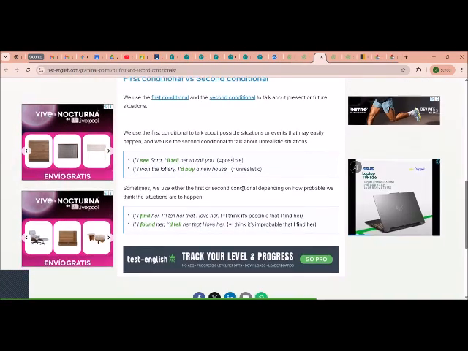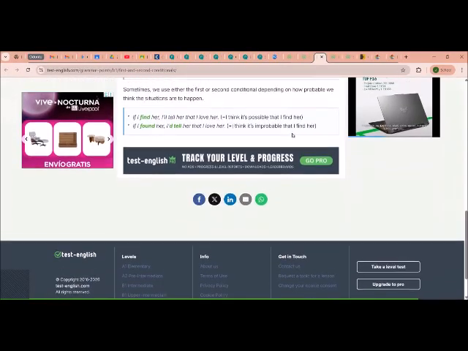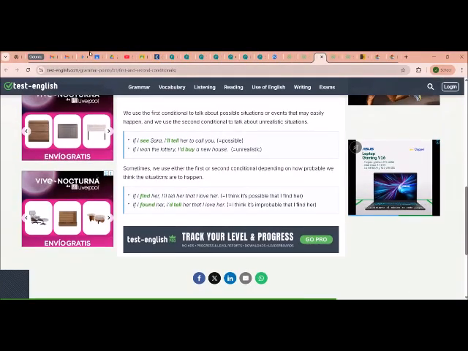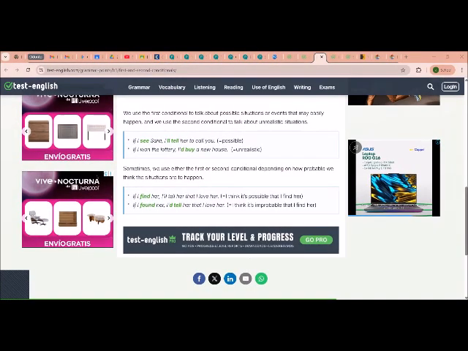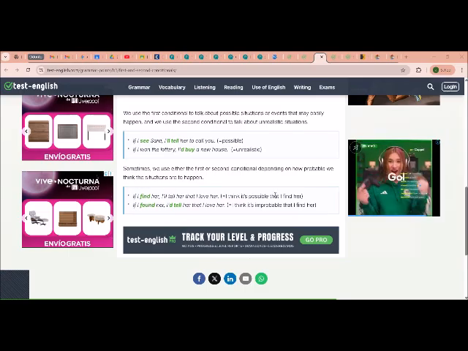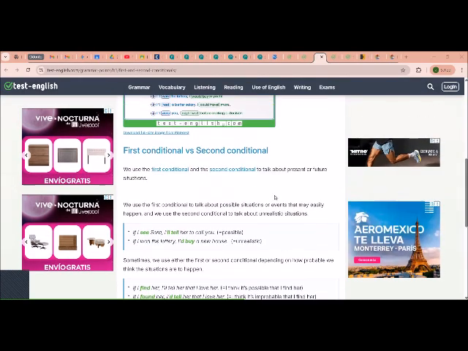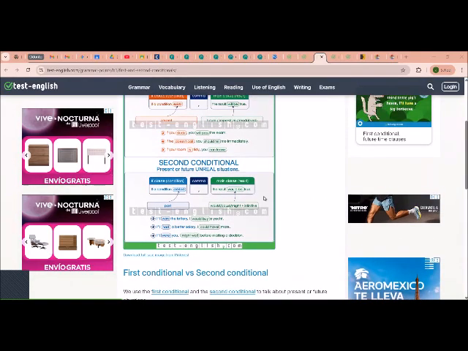You can also use can, may, might, should, must, or even an imperative. However, we won't use would. We're going to use would for the second conditional. It's more on the unreal side.